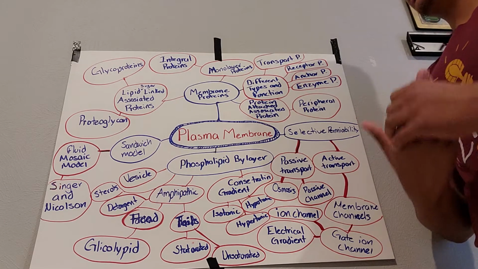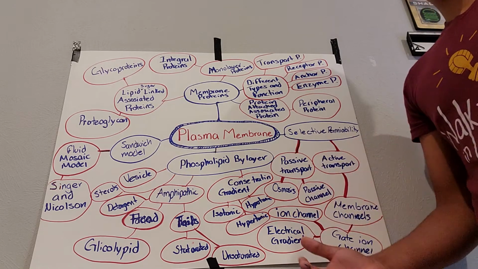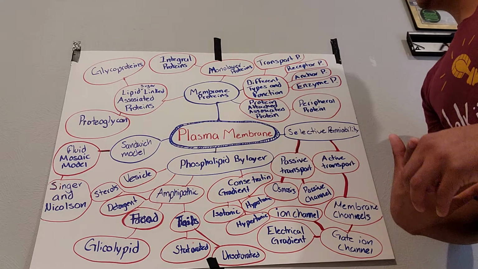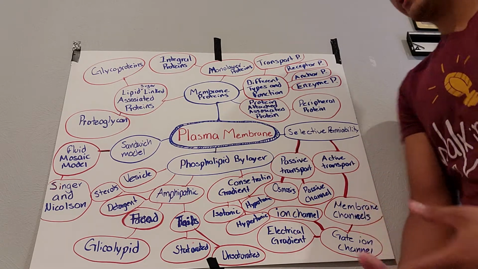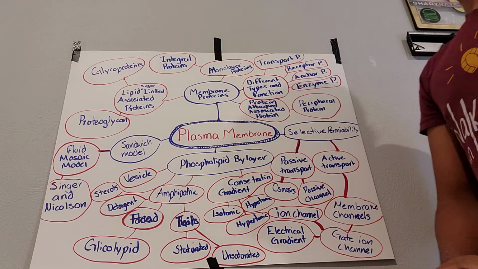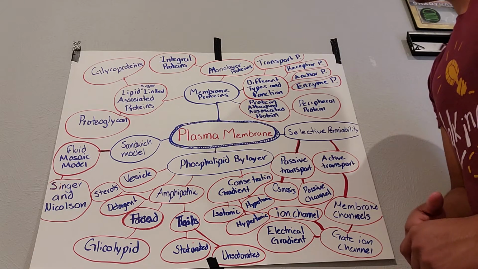Anchor proteins anchor down filaments or other proteins that are needed alongside the membrane, kind of like an integral protein could be holding a peripheral protein. You have an enzyme protein which catalyzes reactions alongside the plasma membrane.